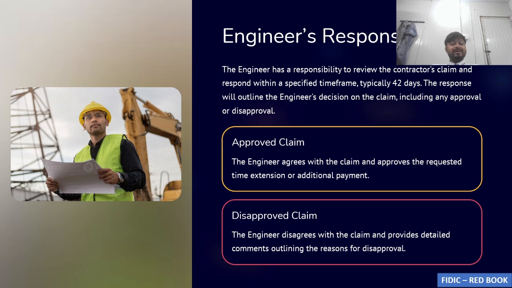And if the employer disapproves it, and that event really did occur and the contractor has faced a lot of problems because of it, then the claim can be converted into a dispute and it can go to the DAB. There are some further processes that we'll see in some other video.